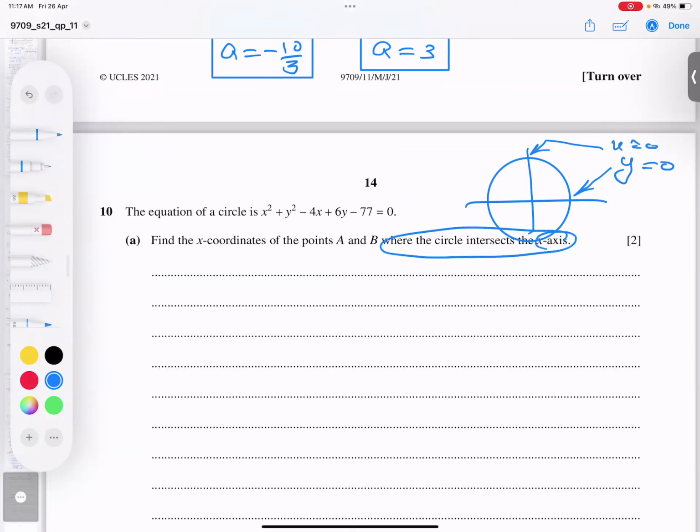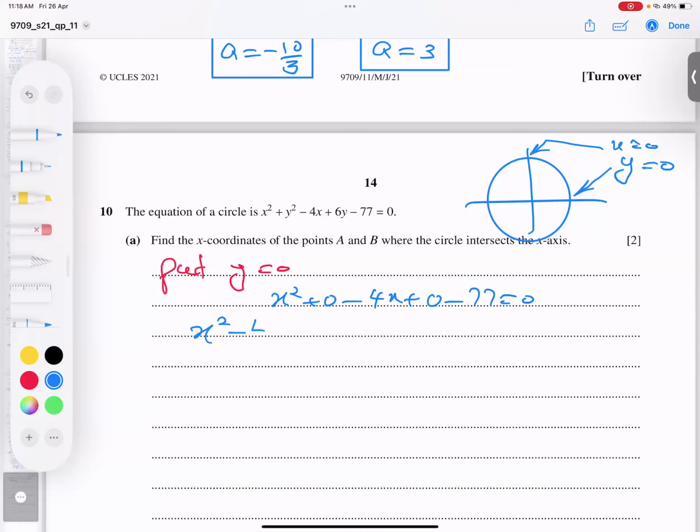He says cut the X-axis, so I will put Y equal to 0. When I put Y equal to 0, students, Y is 0 here, Y is 0 here. What is left behind? X squared plus 0 minus 4X plus 0 and negative 77 equal to 0. So X squared minus 4X minus 77 is equal to 0.